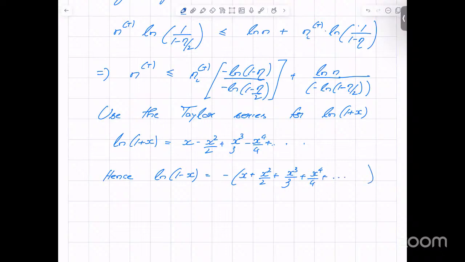What we want is an upper bound of minus ln 1 minus eta, and a lower bound of minus ln 1 minus eta by 2. That is because we want the inequality to go this direction.